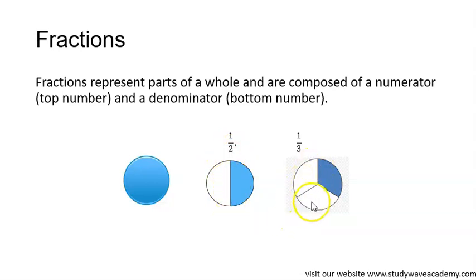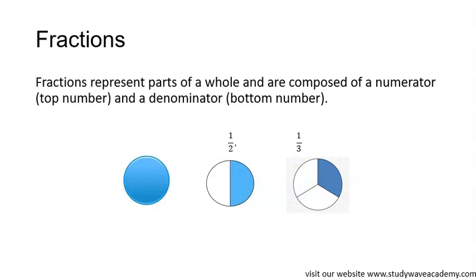Here it is divided into 3, so the denominator is 3. Do you understand that? If this circle was shaded 2, okay, the numerator would have been 2. Do you understand that? If the circle is divided into 4, the denominator will be 4. Okay?